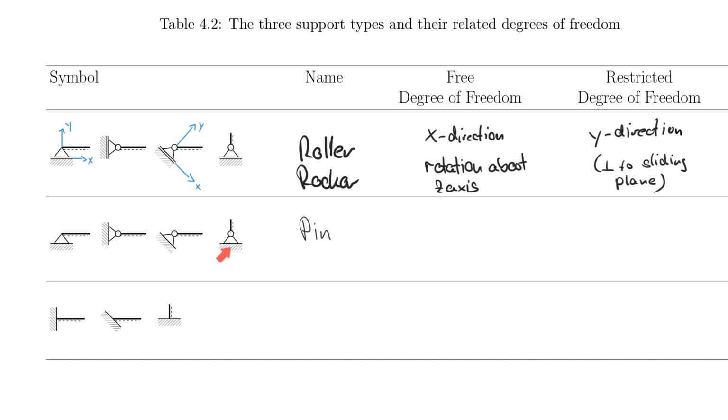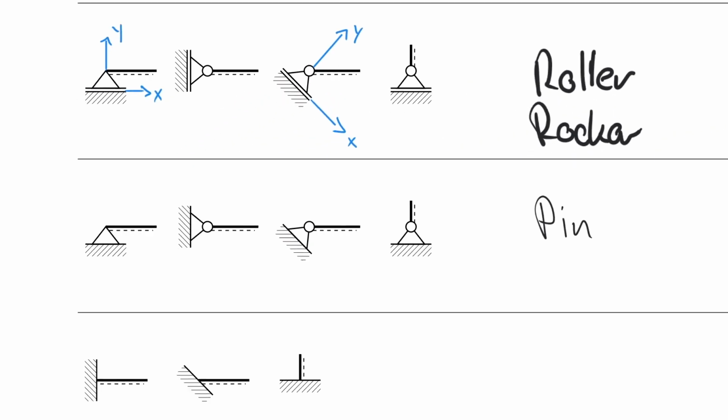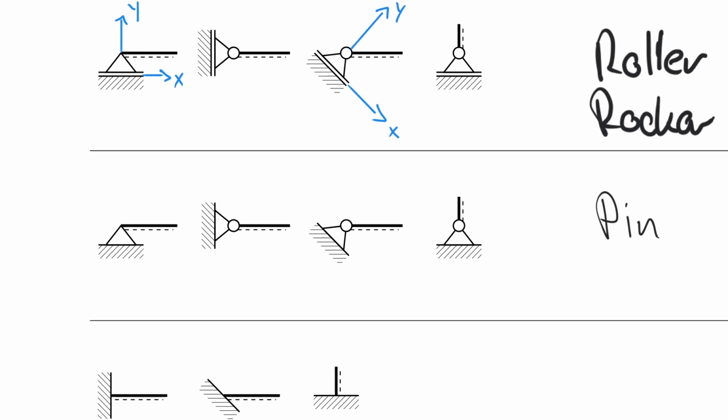And therefore you know that here now you have another restricted degree of freedom, which is not just the y direction, it's also the x direction. So let's actually add a coordinate system here so that we agree on that. So I usually would end up with an x-axis here and a y-axis here.